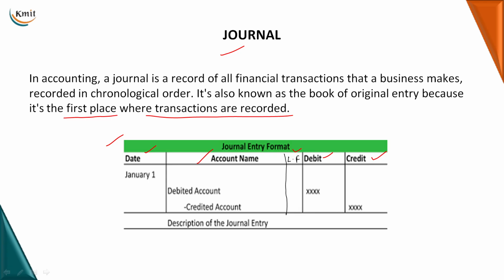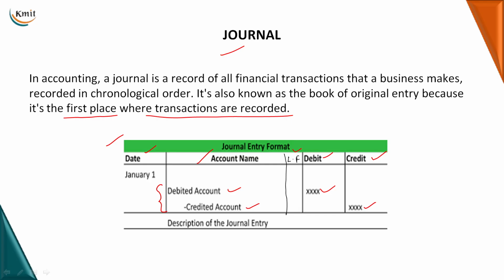Now here is a sample of how the journal entry will be entered. That is, debit account first, then the credit account. When the debit account particulars are written here, the relevant debit amount is represented in this column. When the credit account details are furnished here, in the credit column, the relevant amount is written.